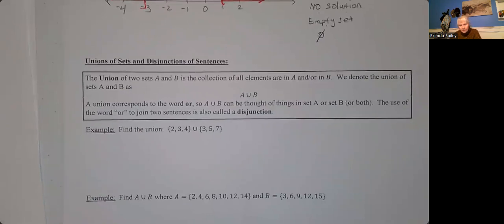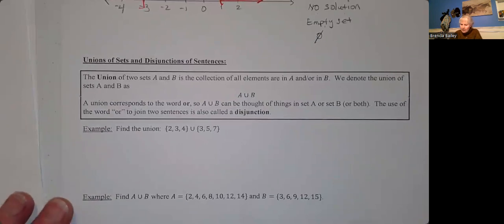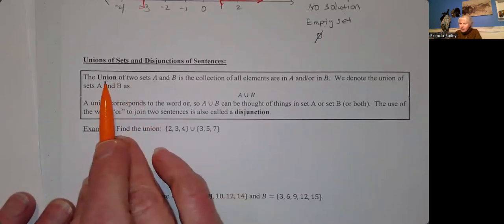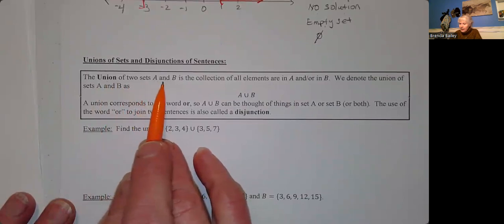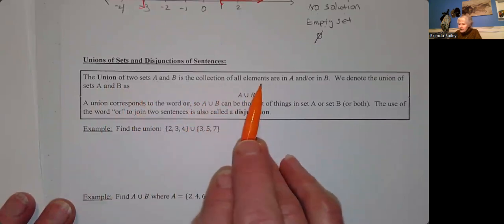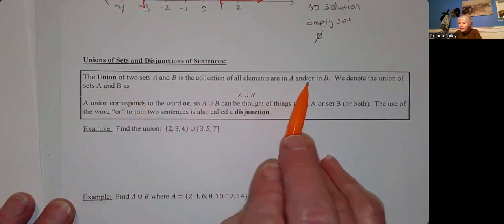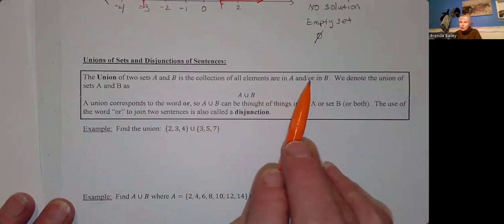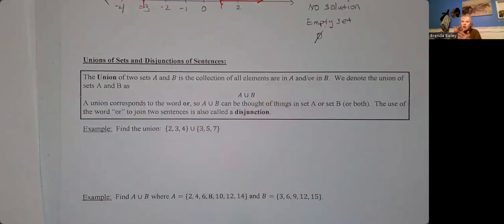It's similar to the intersection, but this union of the sets A and B is the collection of all elements that are in A or in B. So rather than looking for what's in common, you're just combining the two and making one big set. Whatever's in A, whatever's in B, make them one big set.